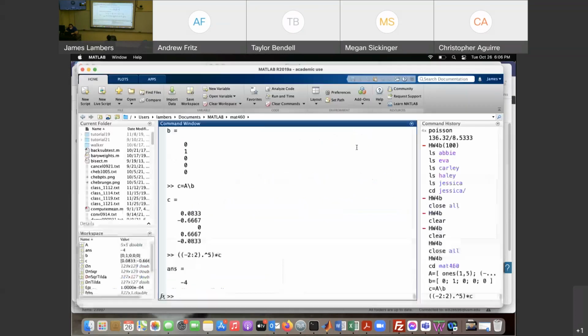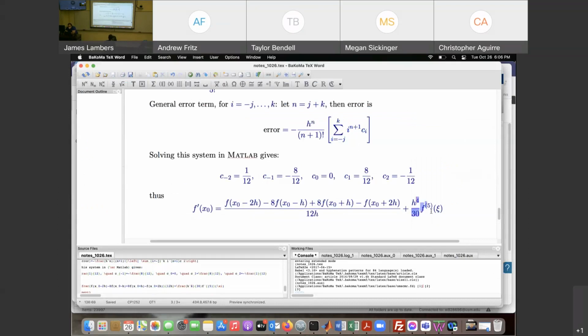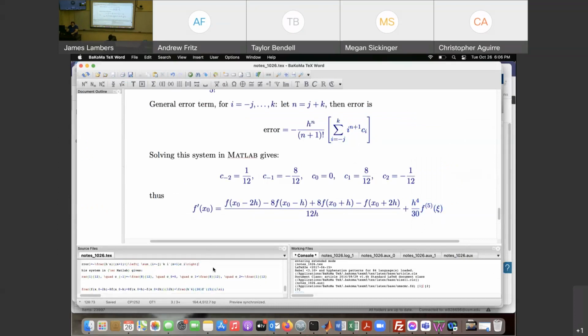And that gives me a value of minus 4, which is what goes in here. But then I have h to the 4th over 5 factorial, and that gives me this error term: h to the 4th over 30 times the 5th derivative. Oh, actually, I need to include that also, divided by the coefficient.